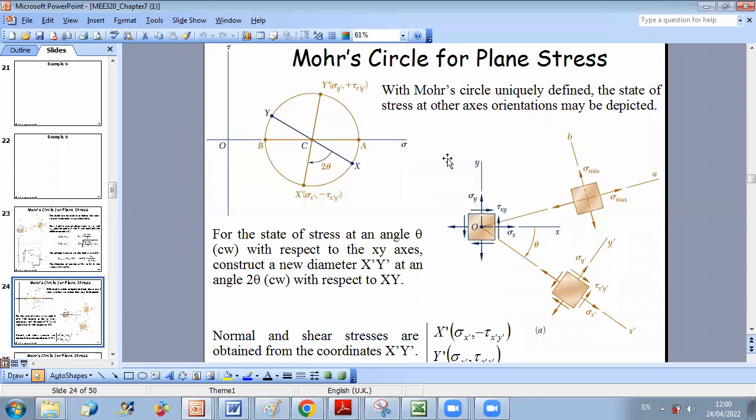And if you rotate from x in the counterclockwise direction towards x prime, y prime, then you should rotate on Mohr's circle 2 theta in the counterclockwise direction. Okay, and of course, as we mentioned, for the new points, the coordinates of x prime will be sigma x prime, minus tau x prime y prime, and y prime, sigma y prime, plus tau x prime y prime.